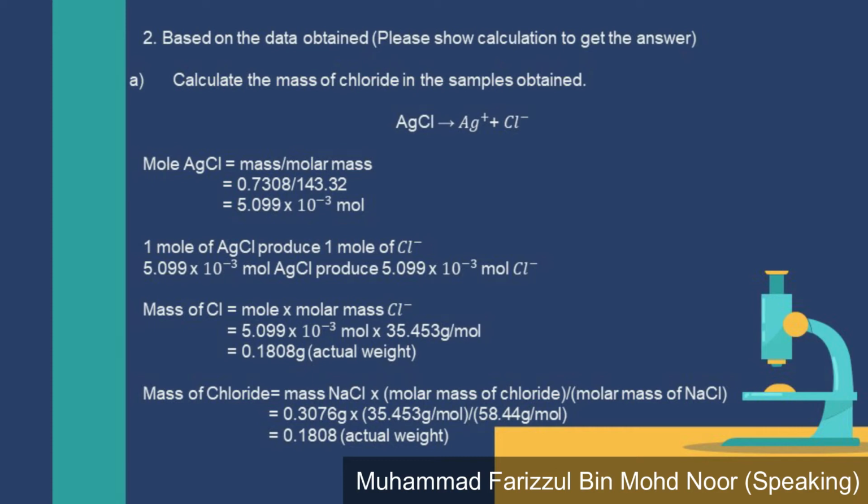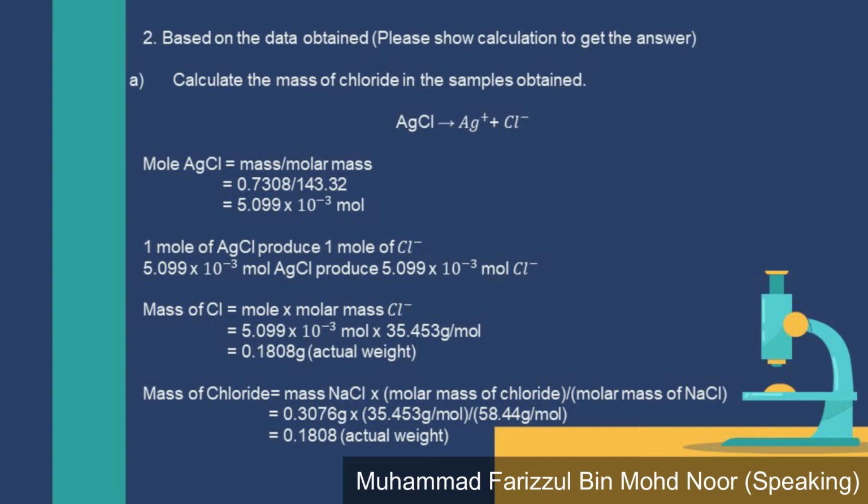Next, calculate the mass of the chloride, which is moles multiplied by the molar mass of Cl minus. 5.099 multiplied by 10 to the power of negative 3 mole multiplied by 35.453 gram per mole equals 0.180 gram, which is the actual weight.